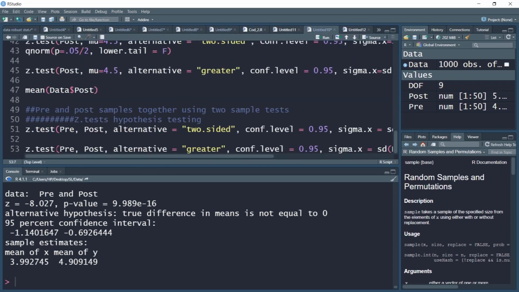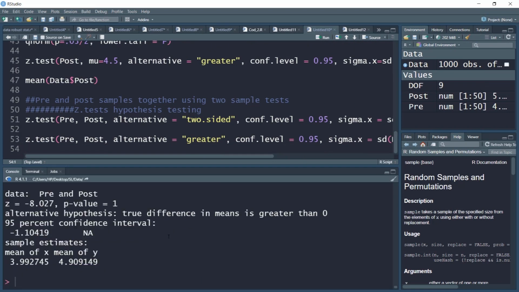Let us run this test. Notice the difference is negative, that is pre minus post is negative, and therefore the p-value is 1, which means this test is spurious.